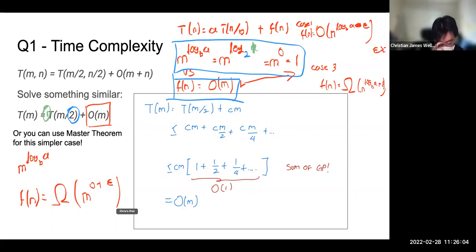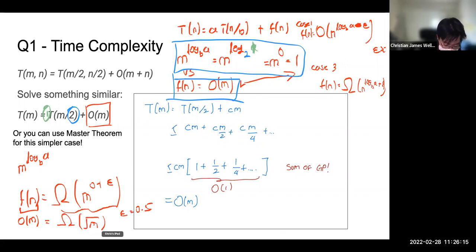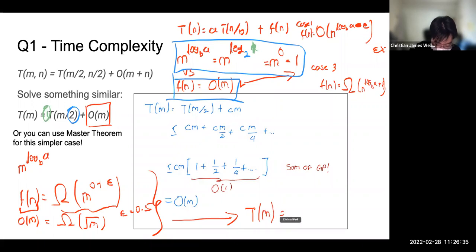Because this is O(m), the epsilon can be maybe 0.5. It's actually omega of square root of m. So this falls under case 3 of the master theorem. Of course you have to check the regularity condition, so do check it out; I won't check it here. The conclusion of case 3 is that if this holds, then the runtime of the algorithm is f(m).